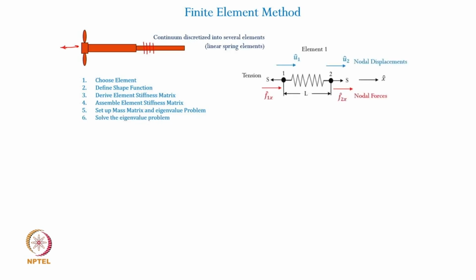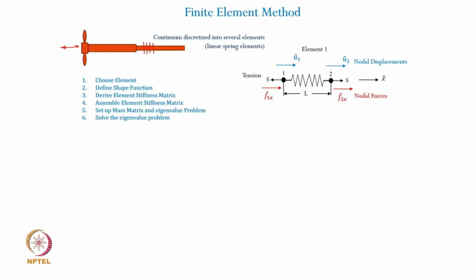So how is that done? We will first focus on individual elements and then gradually look at how these individual elements are assembled together. And I must emphasize here that we are going to approach this as a very simple spring element, but one can use, instead of a linear spring element, a nonlinear spring element and so on.